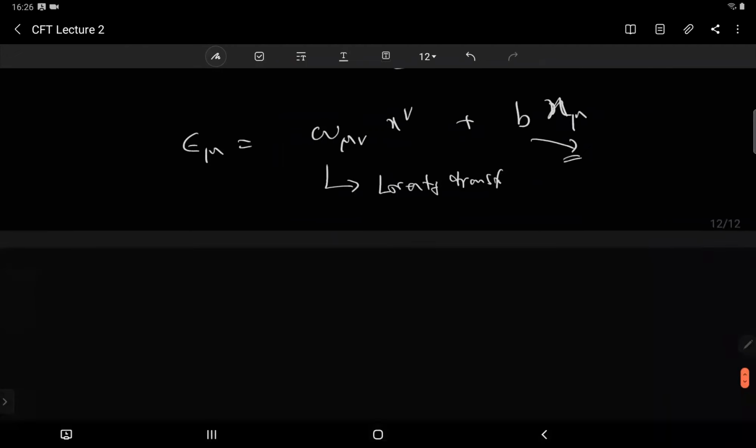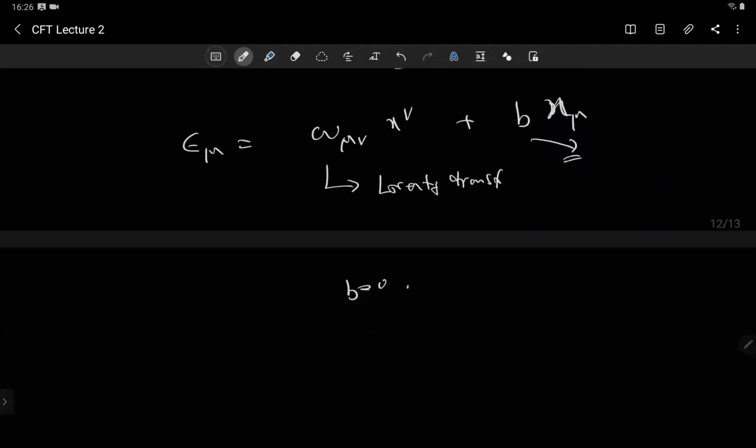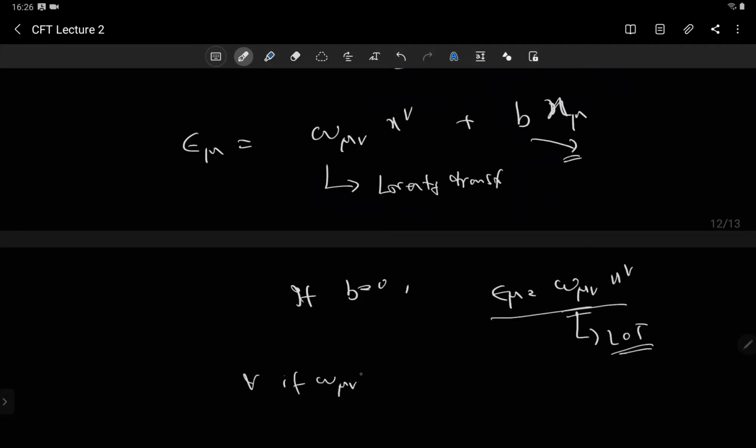So let's put omega to 0. Do you understand what I'm saying? If B is 0, then epsilon mu is omega mu nu x nu. But we know what this transformation is: an antisymmetric matrix times x. This is the Lorentz transformation. And if omega mu nu is 0, then epsilon mu is equal to B x mu.